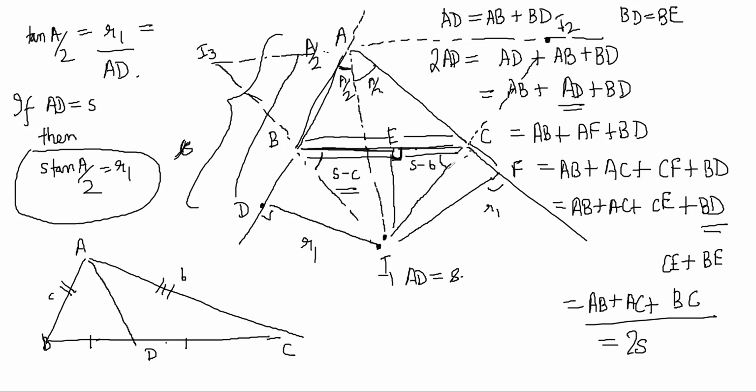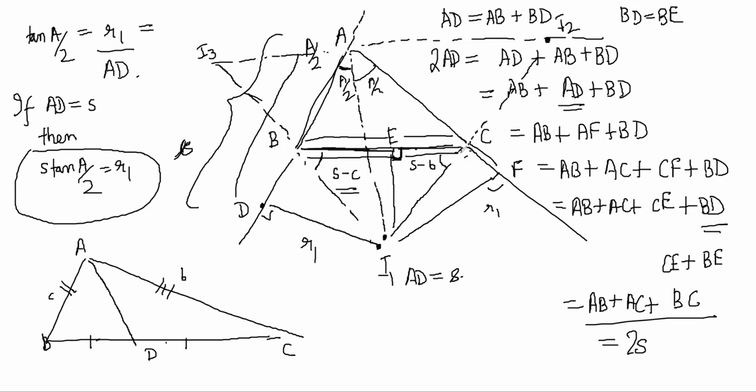Which is the length of an angle bisector. No, not AI1F. This angle C is being bisected. So if you want to find CI1, you will have to look at some appropriate triangle.